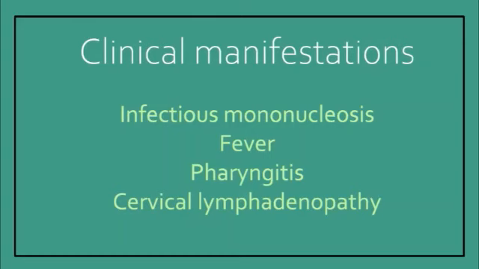First and foremost is infectious mononucleosis. It is also called kissing disease because it is transmitted through salivary contact, or glandular disease. Young adults are mostly affected. Infectious mononucleosis is characterized by headache, fever, pharyngitis, lymphadenopathy, hepatosplenomegaly, rashes, and atypical lymphocytosis.